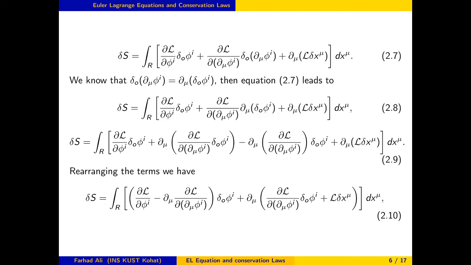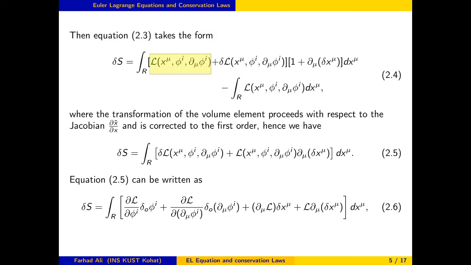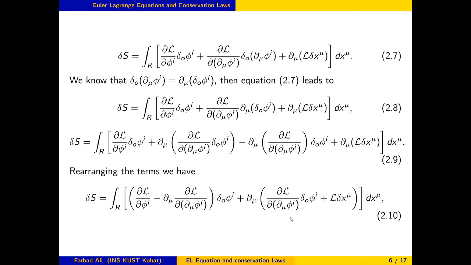Now you see these two terms can be put in one, the derivative of the product of L and delta x. So this is the same equation 2.6, but we put two terms in one.